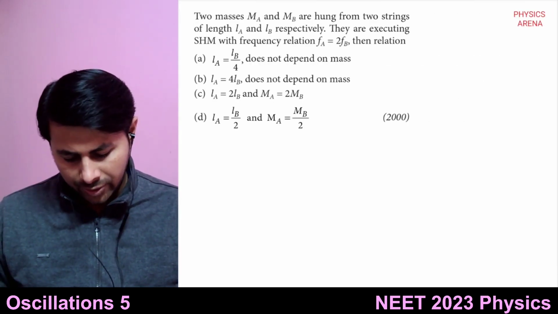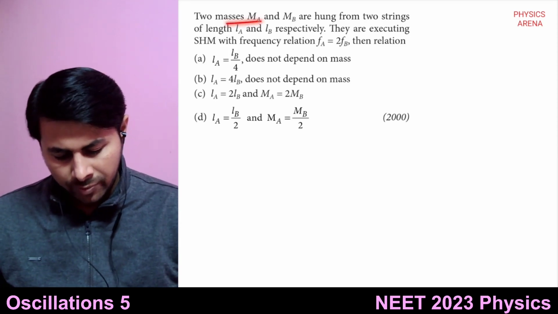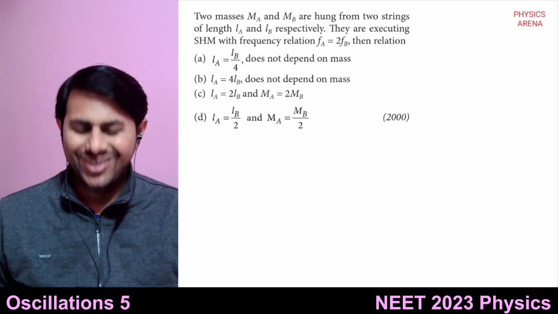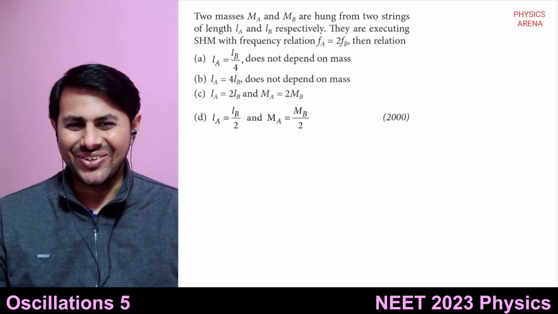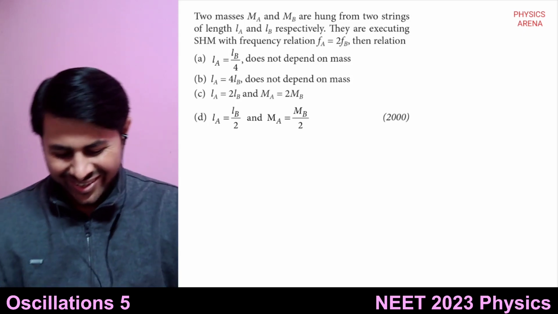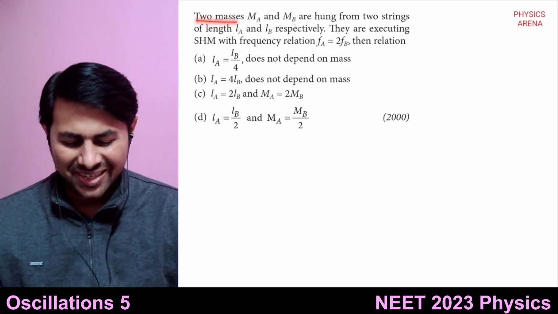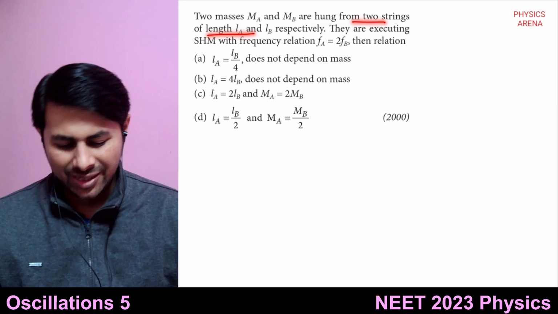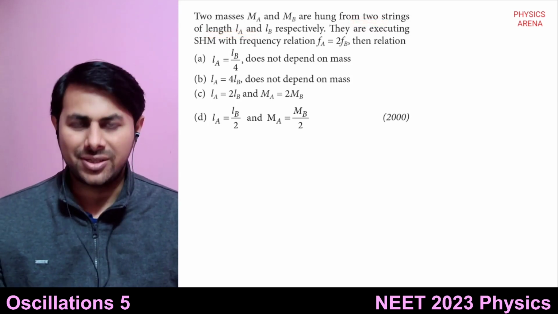Okay. Next question. Two masses MA and MB are hung from two strings of lengths LA and LB respectively.